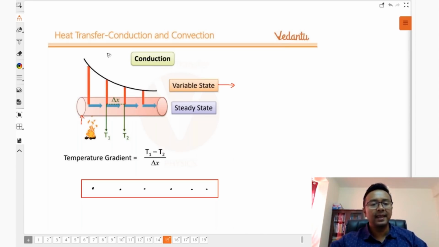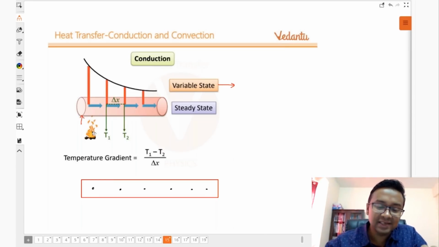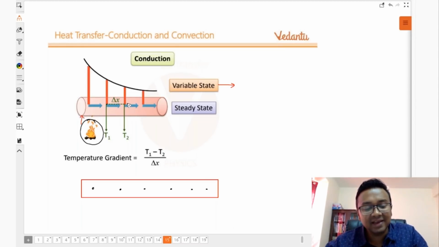This cross section, as it is closest to the source of heating, its temperature is going to rise to the maximum. And after that, for the next cross section, and then for the next cross section.